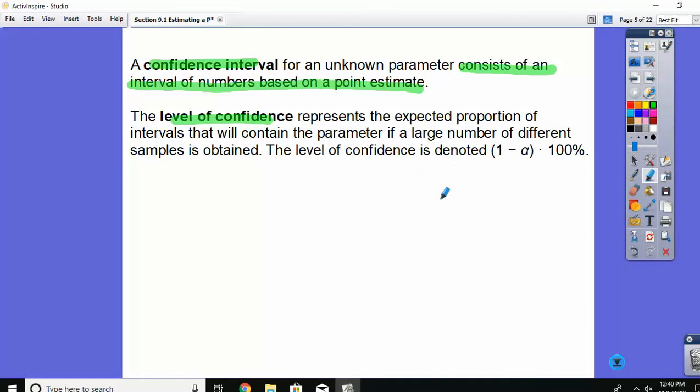The level of confidence tells us the expected proportion of intervals that will contain the parameter if a large number of samples is obtained. We will use this 1 minus alpha percent notation.